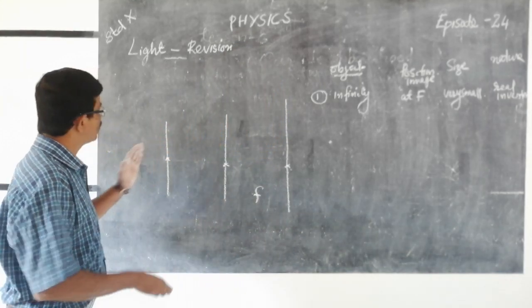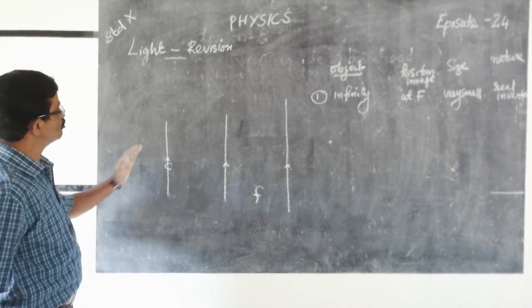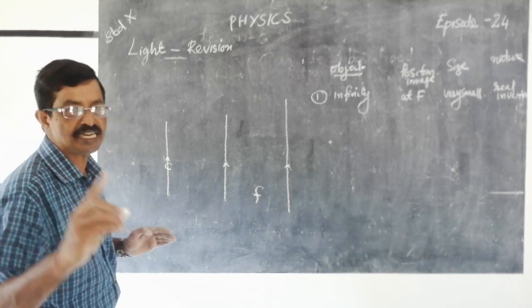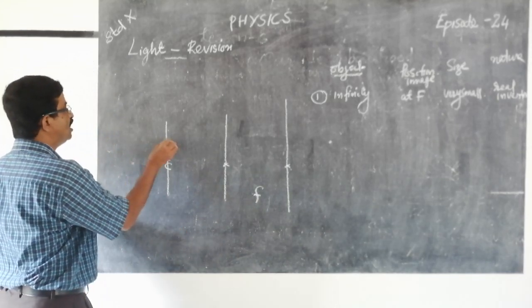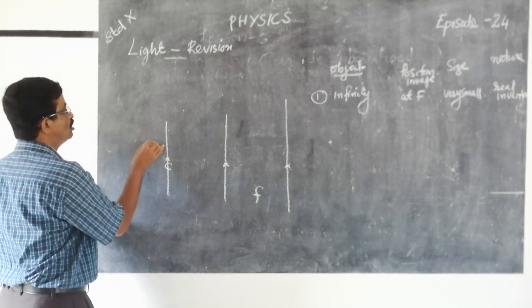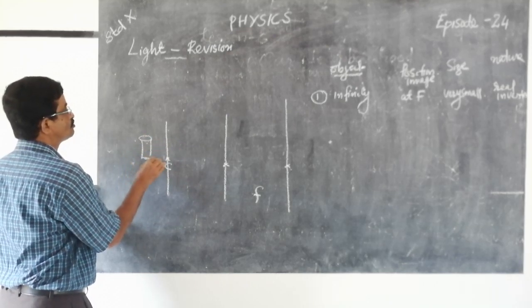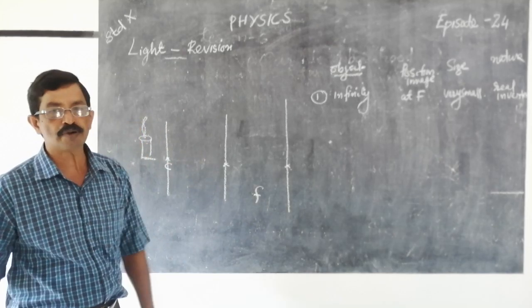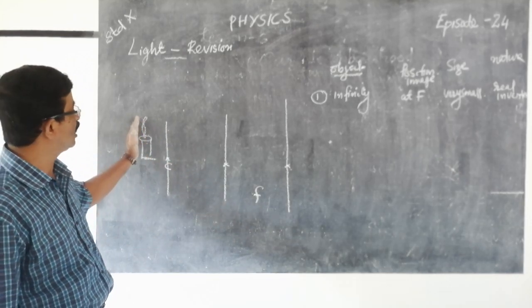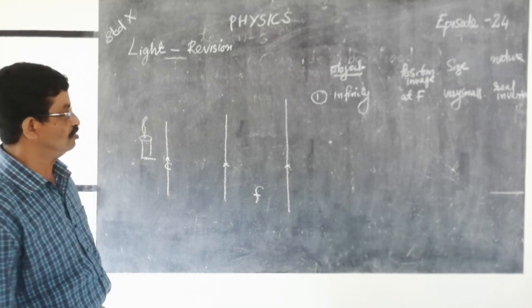Now we place this, this is the C. Now the object, that is the lighted candle here, you place just behind the center of curvature. Now the candle is here. Again, try to find the image of this candle on the screen.